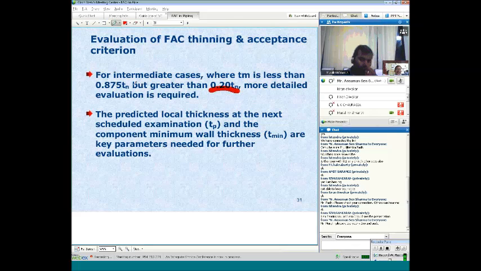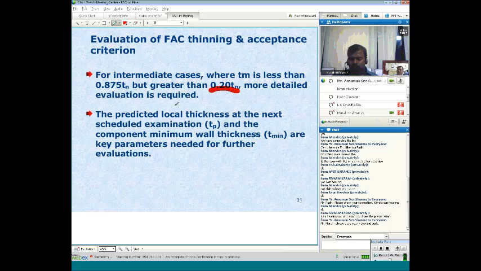If it is between 0.875 T and 0.2 T, then you have to go for further evaluation, where you have to predict, based on the wear rate and your experience of that location, the thickness which is going to be there during the next evaluation.